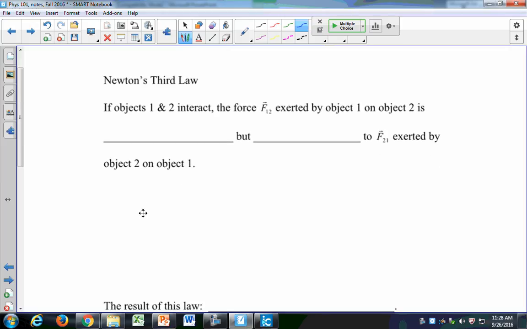Okay, so now let's get to Newton's third law, and we'll do some more clicker questions here in just a minute. If objects 1 and 2 interact, the force F12 exerted by object 1 on object 2 is equal in magnitude but opposite in direction.